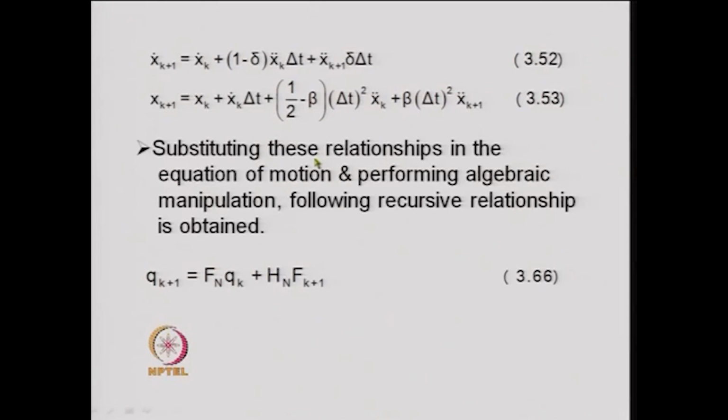So, we see that for a value of delta equal to half and beta equal to 1/4, these two equations provide us the displacement and velocity at the k plus 1th station using the assumption that the acceleration is varying linearly, and we assume the acceleration to be an average acceleration over the time interval.